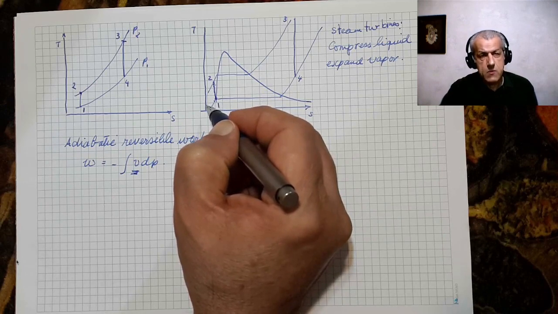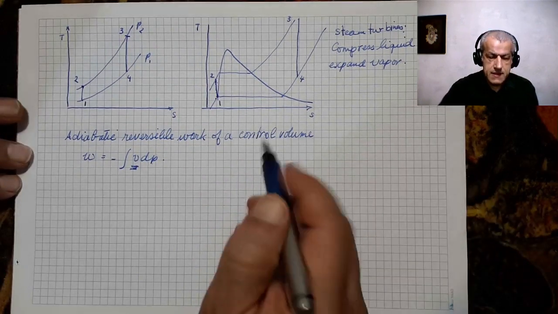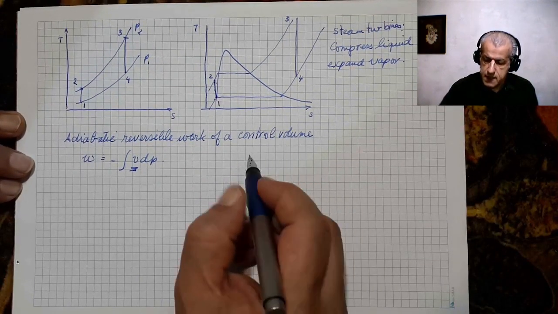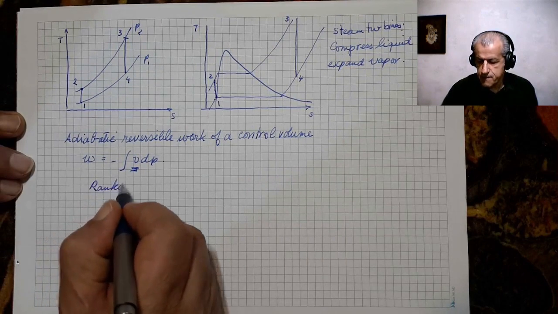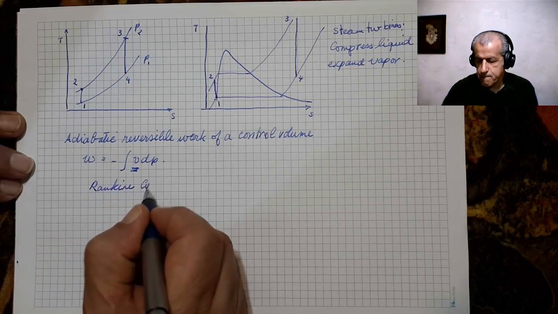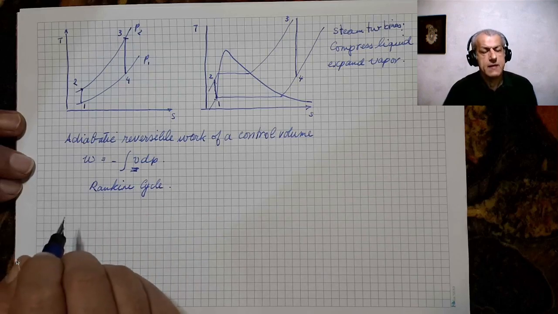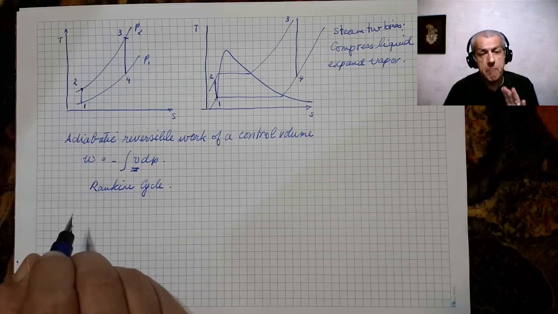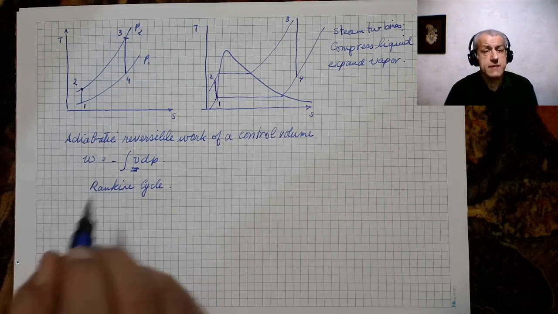And the cycle which does this job is called Rankine cycle. This is the Rankine cycle, and this is the basic cycle for steam turbines and the steam cycles.